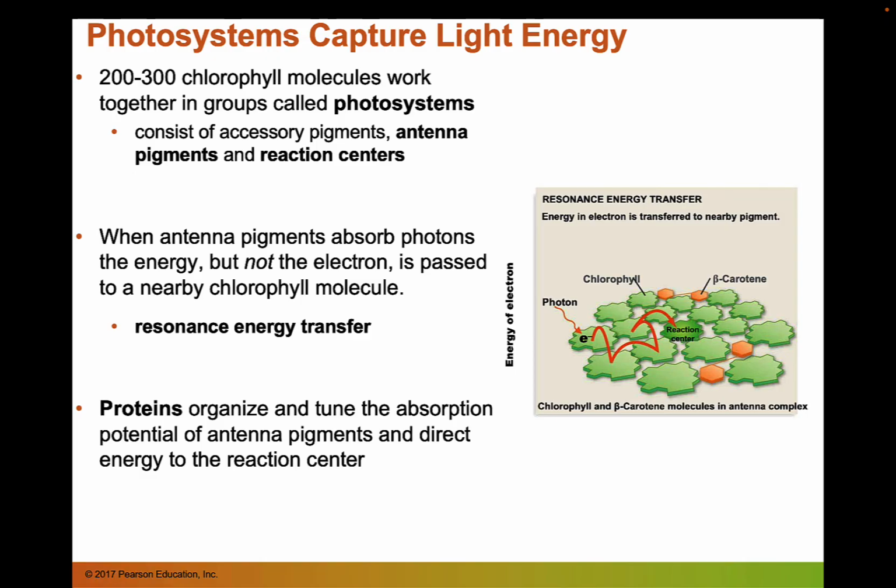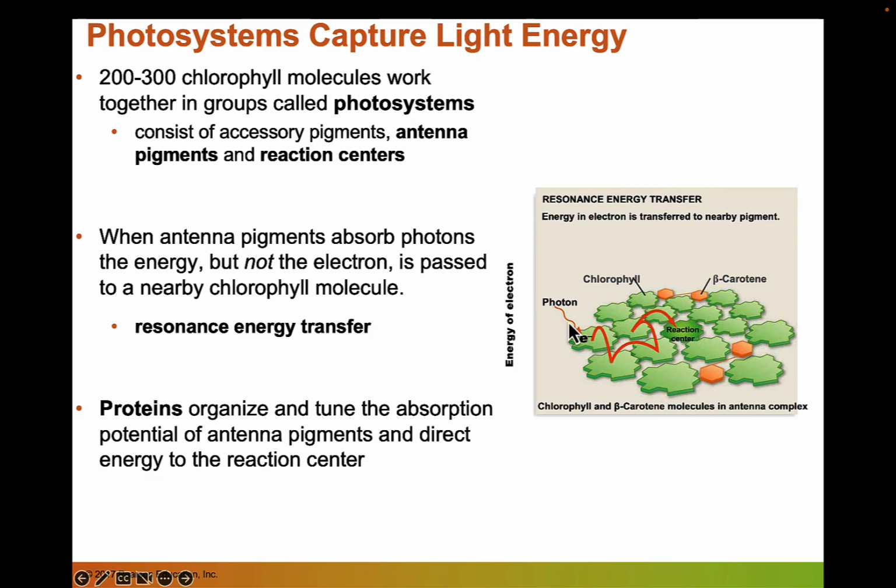And there are 2 photosystems; we'll talk about them next. They consist of accessory pigments, like the carotenoids, antenna pigments, which are depicted here as these light green structures, and reaction centers. These are all organized in a precise way by accessory proteins.